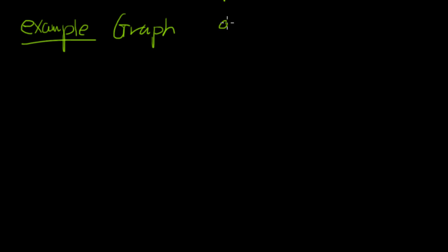So graph, say, g of x equals x plus 3 squared minus 5. Okay, again, try to do it on your own. See if you can do this. Then we'll check the answer together.